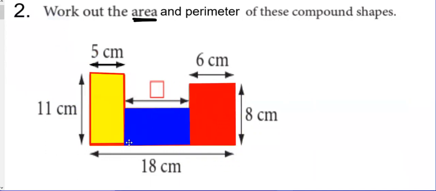See? When you divide a compound shape, you get other small shapes. Now, this shape here is a rectangle. Can you see this? How do we find the area of this shape?